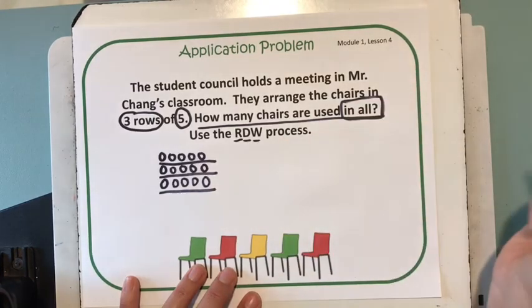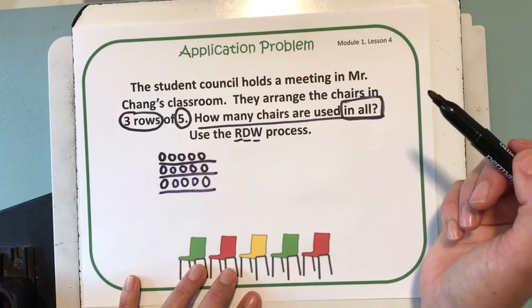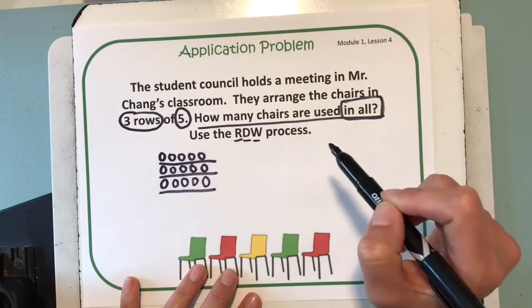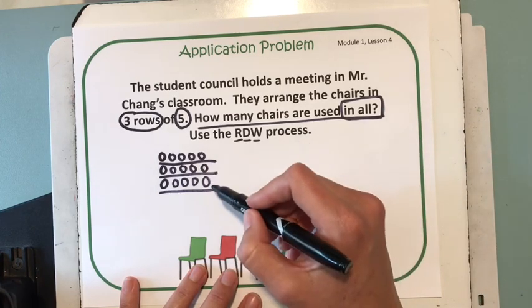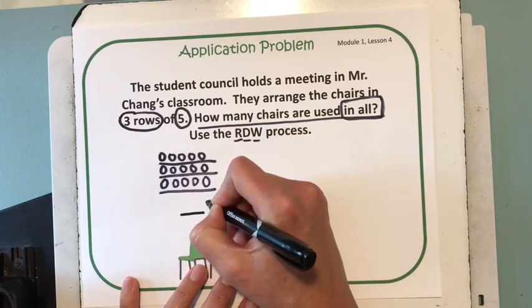So I drew my picture, but I know that what I'm doing here, what did I just create? What was that called? Starts with an A. I created an array, right? So I know that I'm using multiplication here.